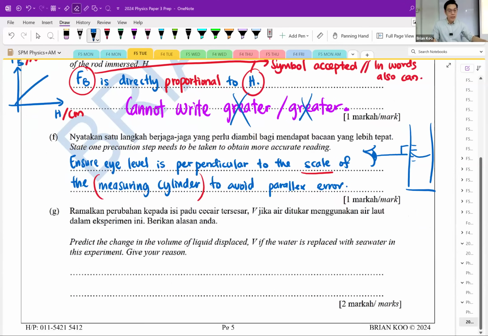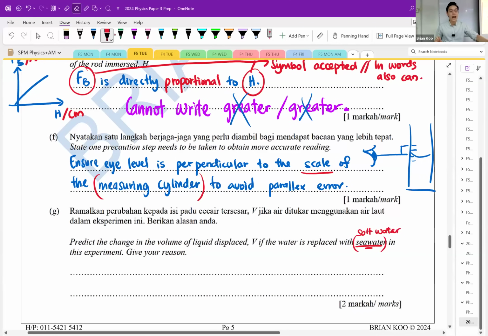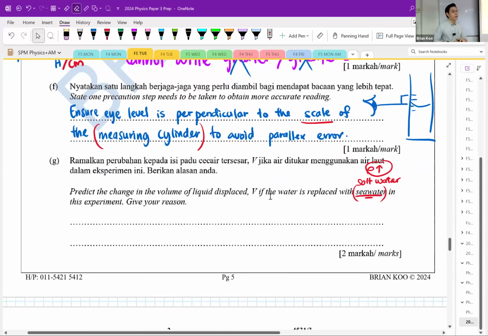Predict the change in volume of the liquid displaced if water is replaced with seawater. So yeah, seawater can be salt water also, which has a higher density. Will the volume of liquid displaced change? No. If it's buoyant force, then yes.